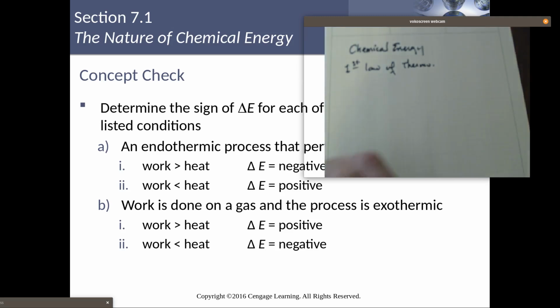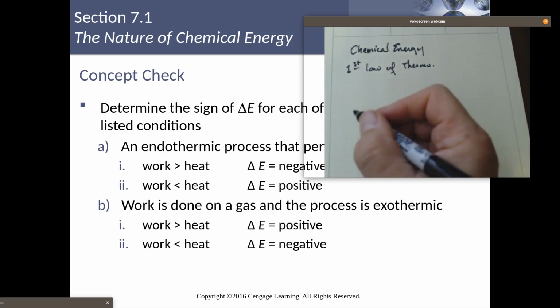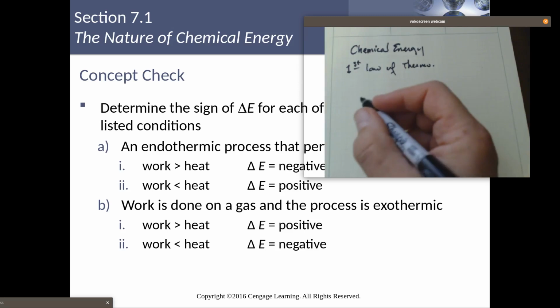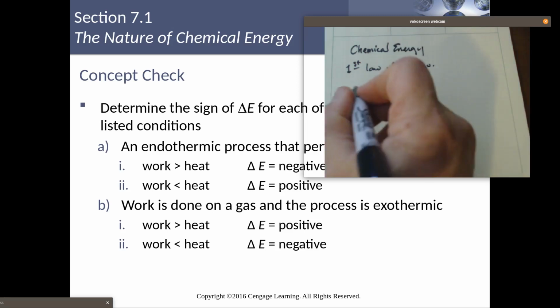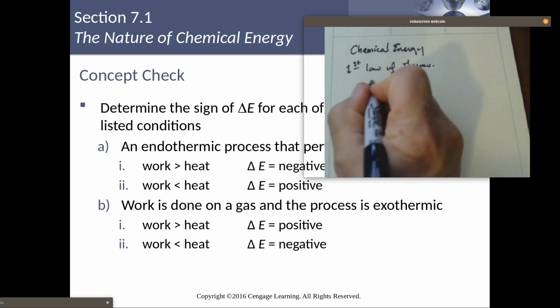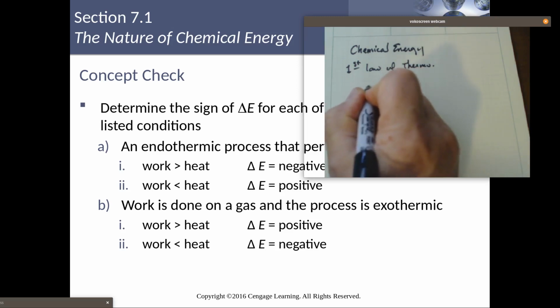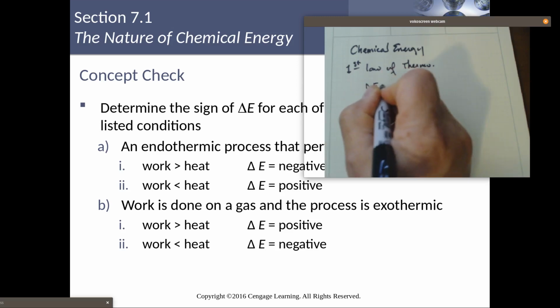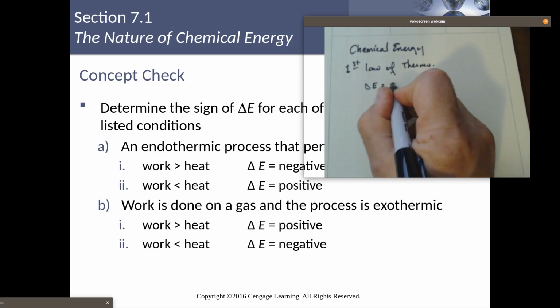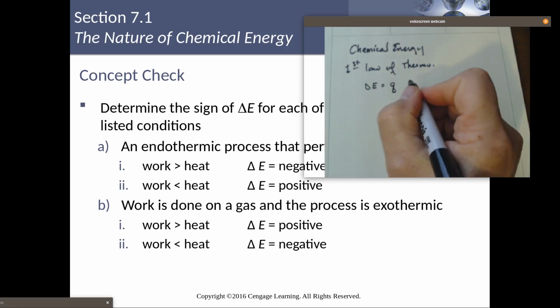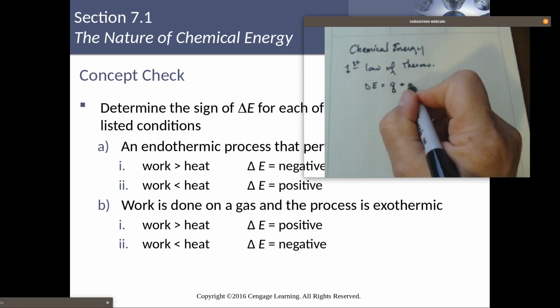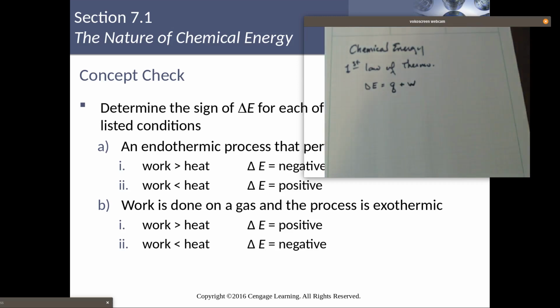And the first law of thermodynamics is that energy can be converted in various forms, and the change in energy of a system can be written in the following way. So generally, the change in the energy of a system is given by, let's call it delta E, is equal to the heat added to the system plus the work done on the system.